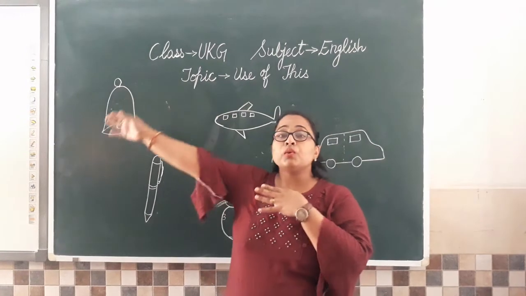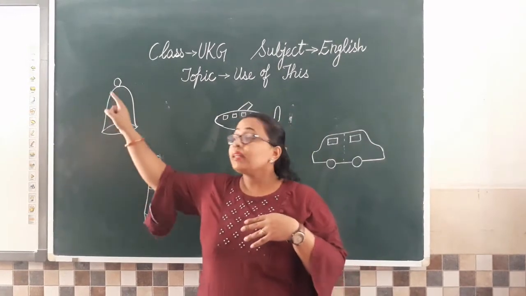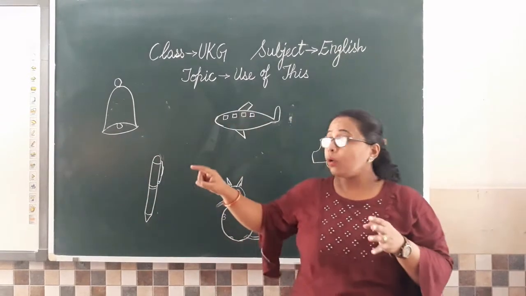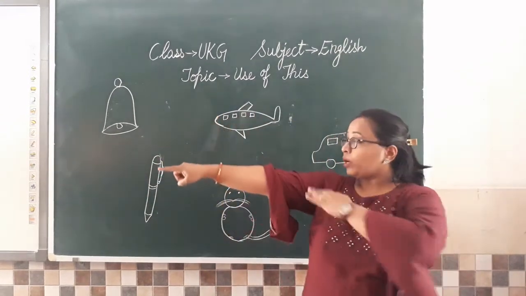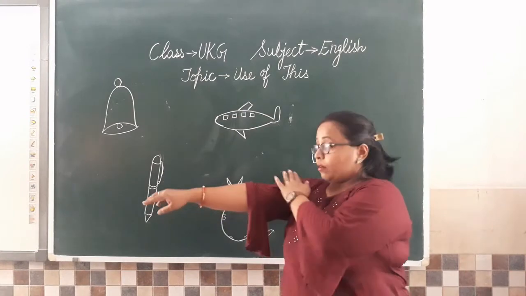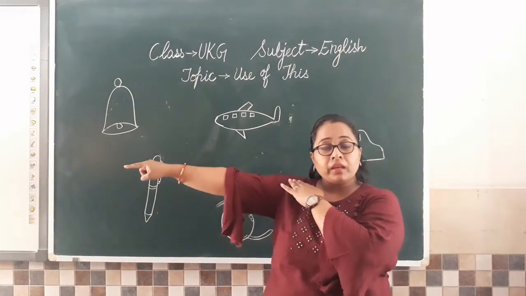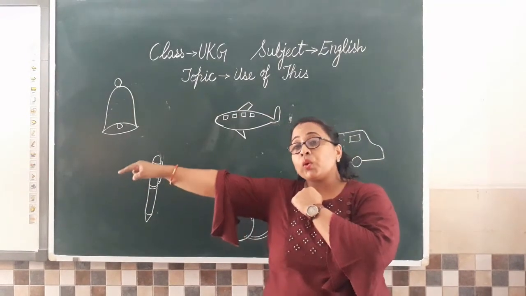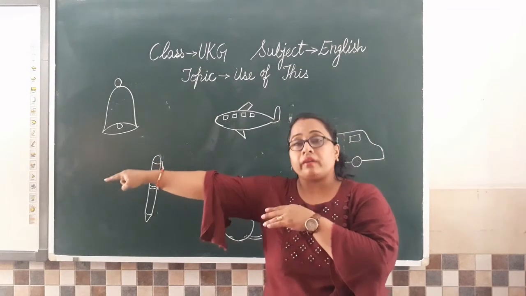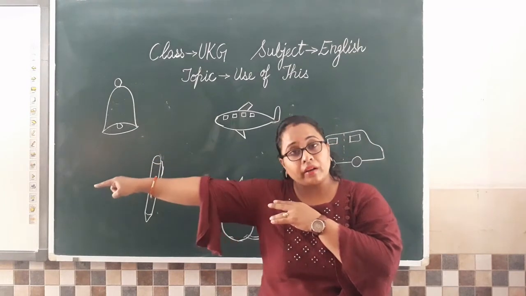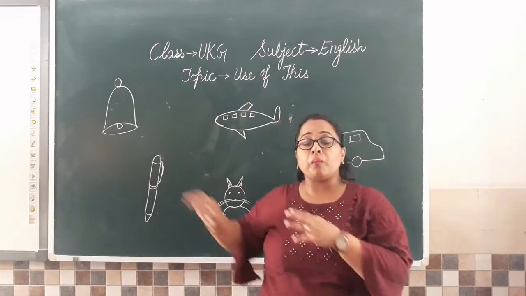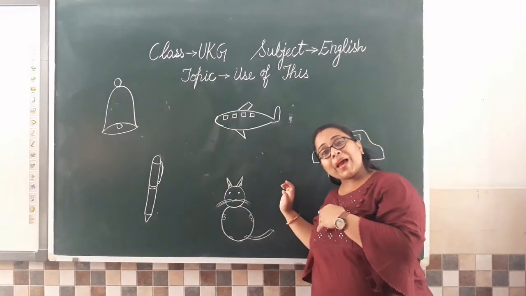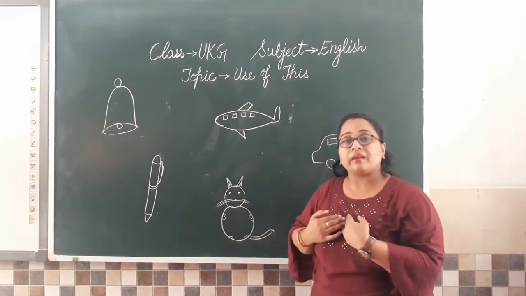Now the window is far from Ma'am, so what will I say? That is a window. Now look, when I am saying that is a window, I am putting an arrow mark. Ma'am is making an arrow with her hand, because that object is far, so I have to point it. Ma'am has to point towards it. That is a window, but I am saying this is a blackboard because it is near me.